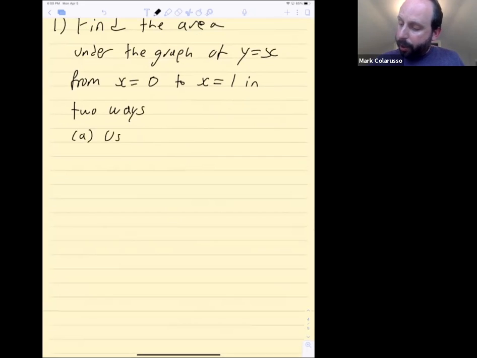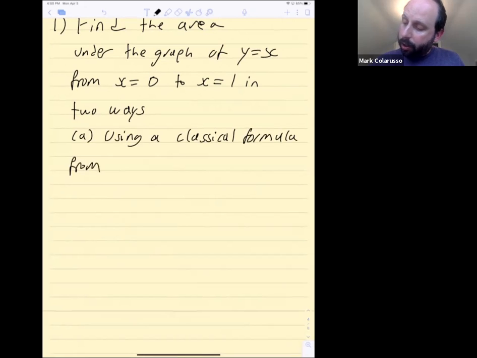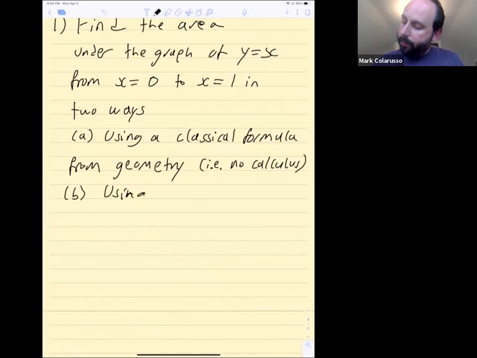A, using a classical formula from geometry. And B, using calculus.